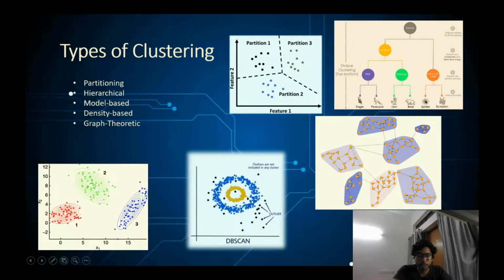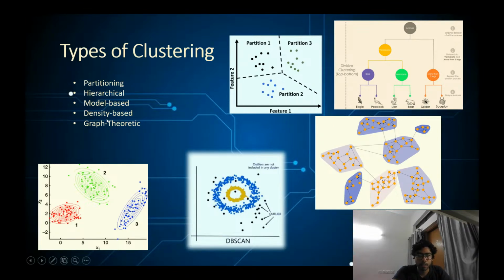But again, in this case also, like the Gaussian case, we can have outliers in the density based algorithm, whereas, as I said, in the partitioning based algorithm, you have to be in either one cluster or the other. You cannot have outliers.